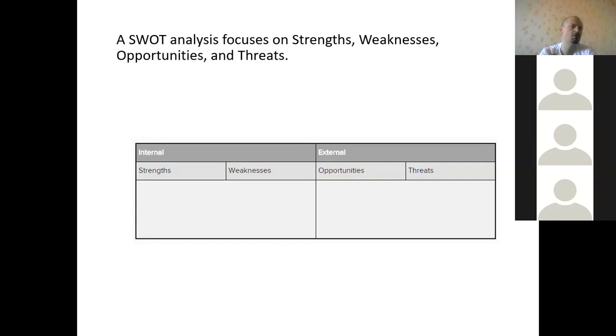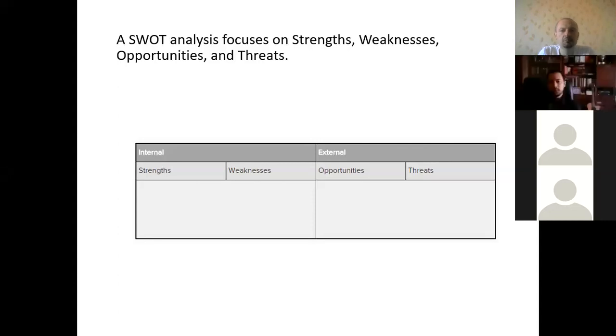No, no. Here is only the first step of SWOT analysis, and believe me, not the most difficult one. So the result of SWOT analysis is a matrix, and we will speak about this matrix at the end of our today's lecture.